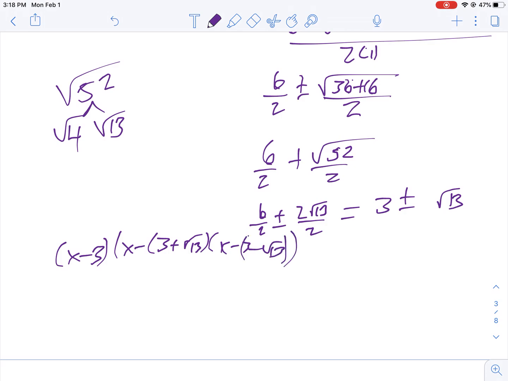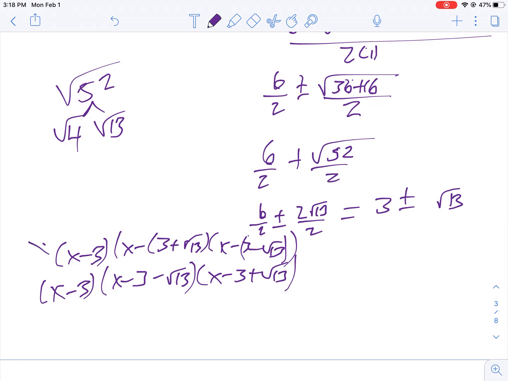Guess we could distribute that negative sign. We'll have x minus 3 times x minus 3 minus the square root of 13 and x minus 3 plus the square root of 13. Actually, I like this answer better because it's easier to see the linear factors. Both are correct.